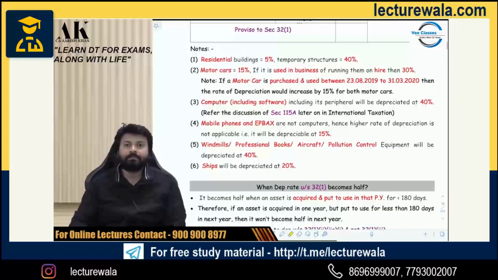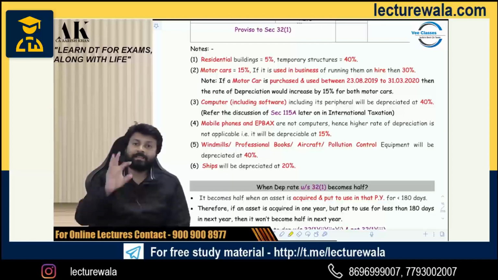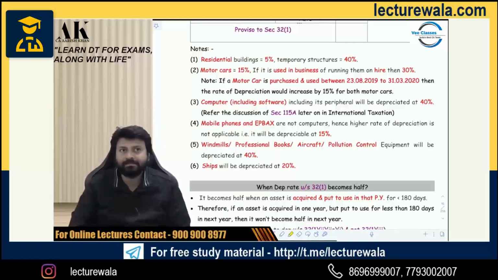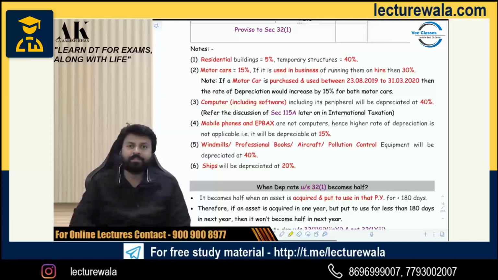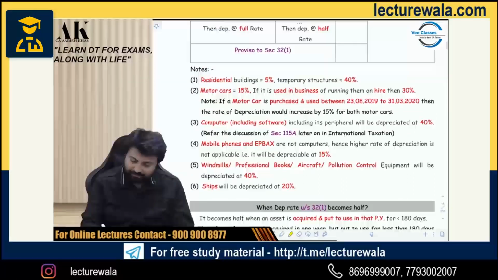If it is a residential building, then it is 5% depreciation. And if it is a temporary structure, then it is 40% depreciation. For residential building it is 5% depreciation, and for temporary structure it is 40% depreciation. How much? 40%. You can check over here. Okay. Residential building 5%. Temporary structure 40%.